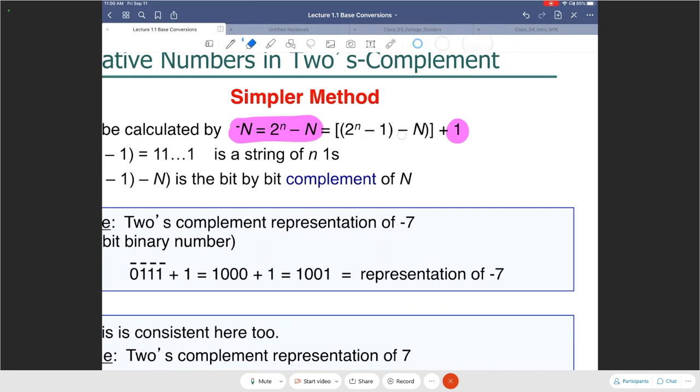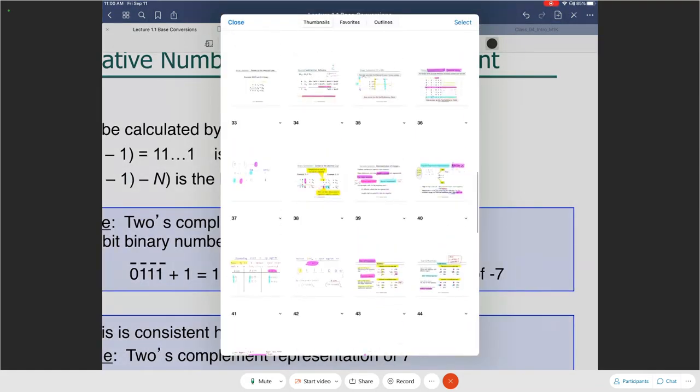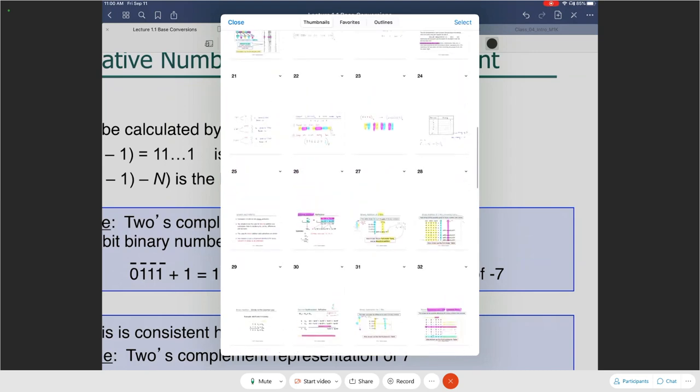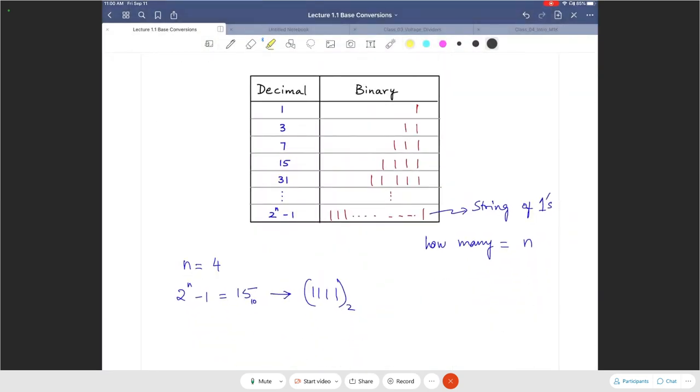Now we are going to try to understand what 2^n minus 1 is. You guys remember we did this last time. Where is my table? Right here. 2^n minus 1 will always be a string of ones.